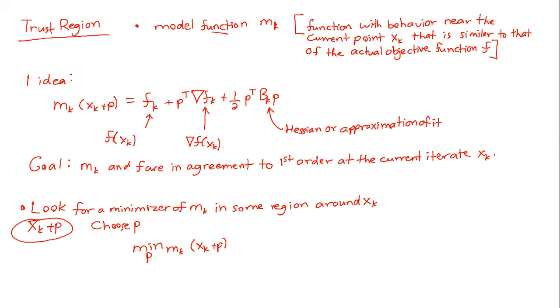So find the value of p that makes this approximate function mk at xk plus p be as low as it can be, but we're not going to allow ourselves to look at every single point ever. We're going to look at xk plus p in the trust region, which is a narrowed down region around the current iterate, in order to help us hope that this approximation of the function around the current iterate is still okay within the trust region.